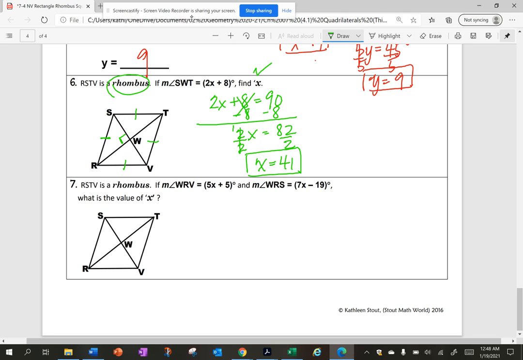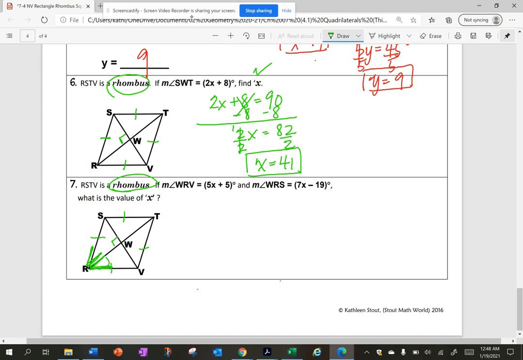Rhombus RSTV. RSTV is a rhombus. So rhombus is telling me I have 4 equal sides, and diagonals are perpendicular. If the measure of angle WRV, so this angle here, is 5x plus 5, and the measure of angle WRS, so that's this angle, is 7x minus 19, what is the value of x?